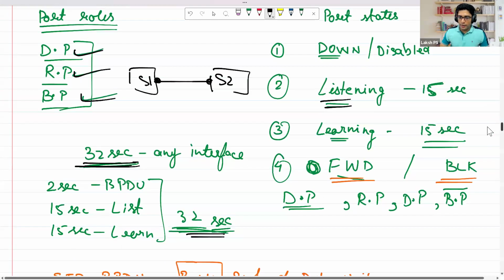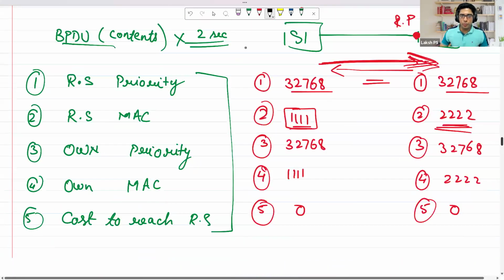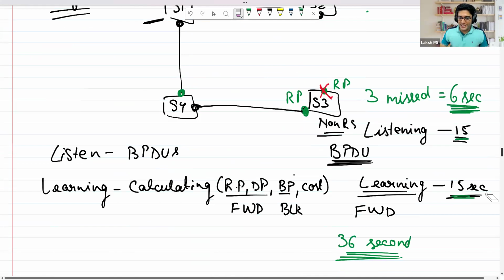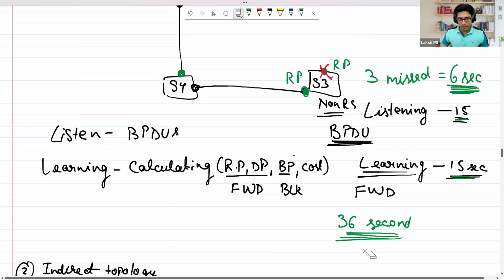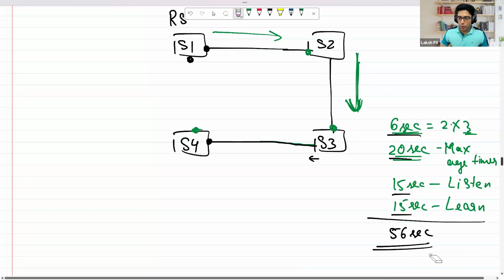Okay. Now, in a direct topology change, the blocked port of a switch takes 36 seconds to come up. And in an indirect topology change, that same blocked port takes 56 seconds to come up.